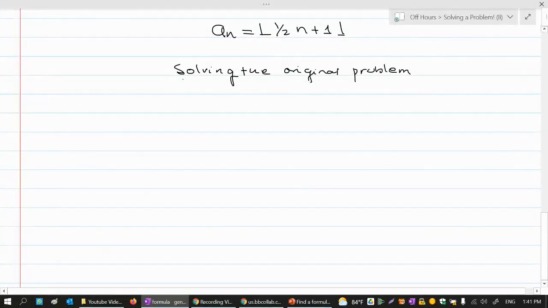And then we can see the following. Notice that a sub 0 is equal to 1.